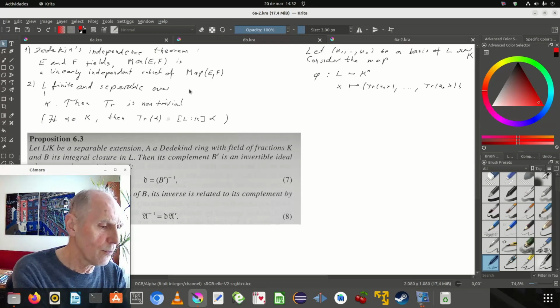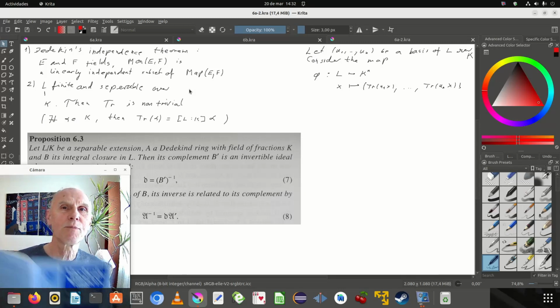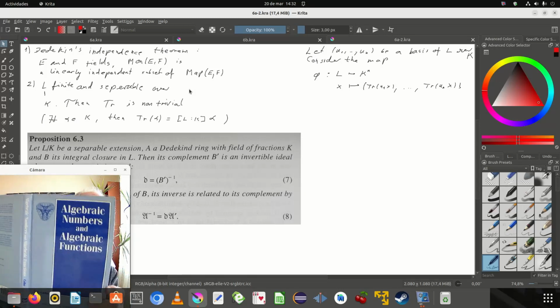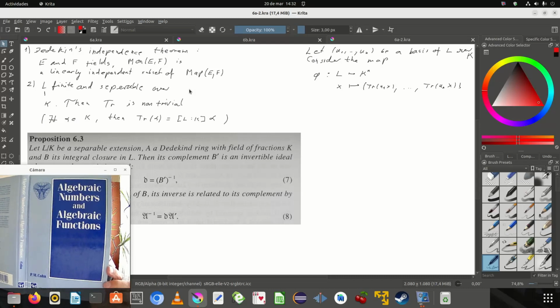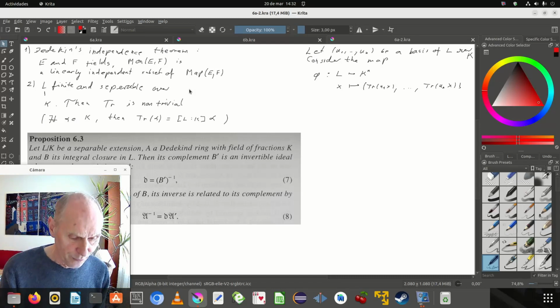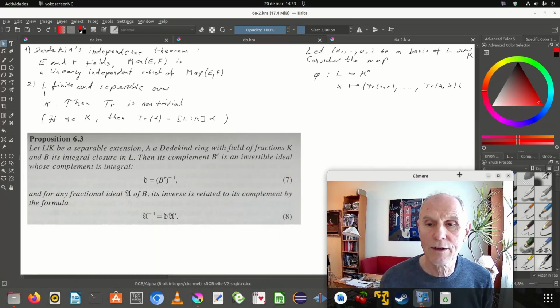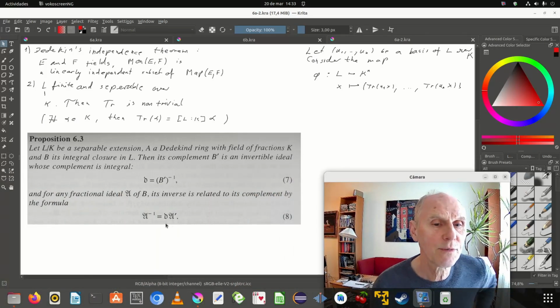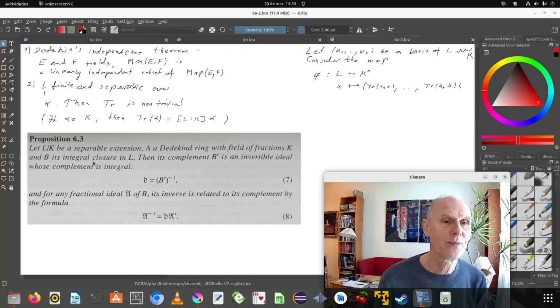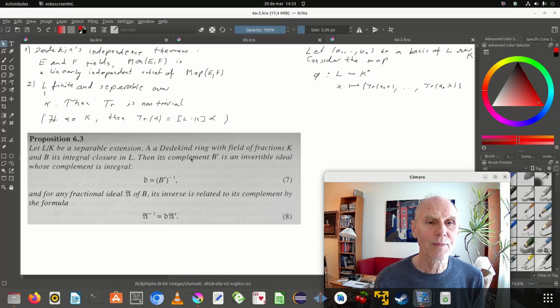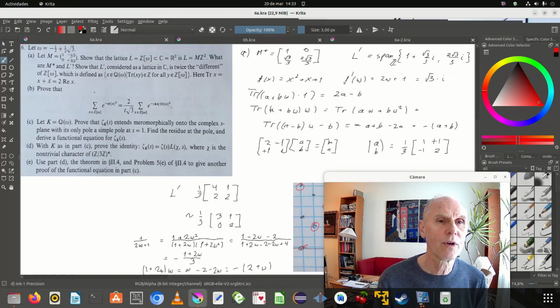The next book where I had the problem was this book by Koblitz, no, by Kuhn, sorry. I took a picture of the main proposition, where the complement is defined exactly this way.